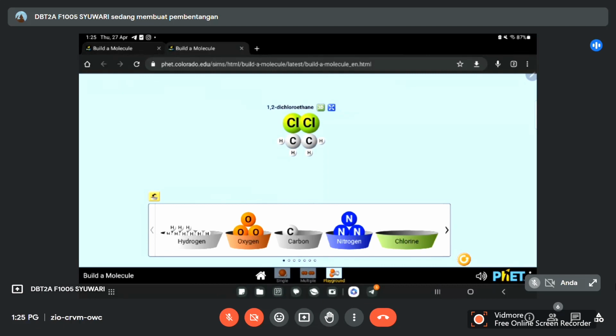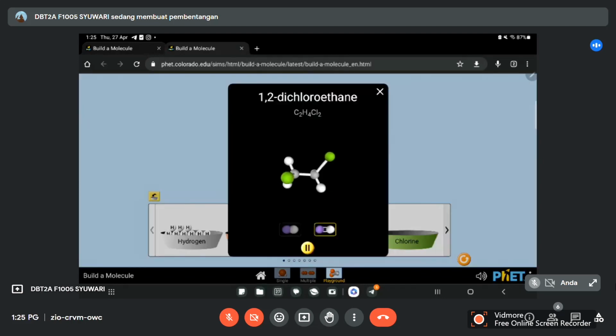So for question 4B, we must observe before we draw, right? We push the 3D button and we can see here the 3D ball structure of 1,2-dichloroethane, and here is the stick model structure of 1,2-dichloroethane.